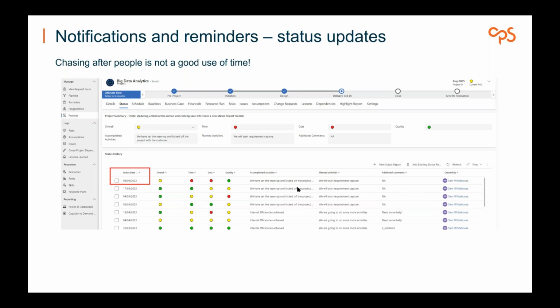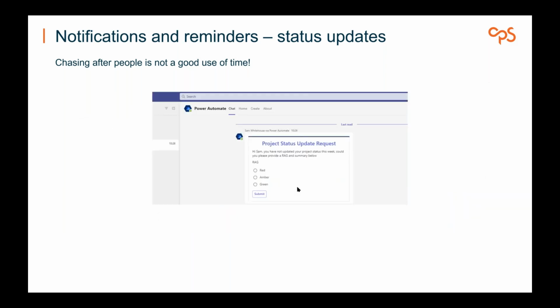Against a project, one way that you can do that is by sending out automation. That automation could be a message in Microsoft Teams that says, for this project, could you please let us know your current status? That enables the record to be created that can then be reported on, but the user hasn't had to access the actual application to do that.